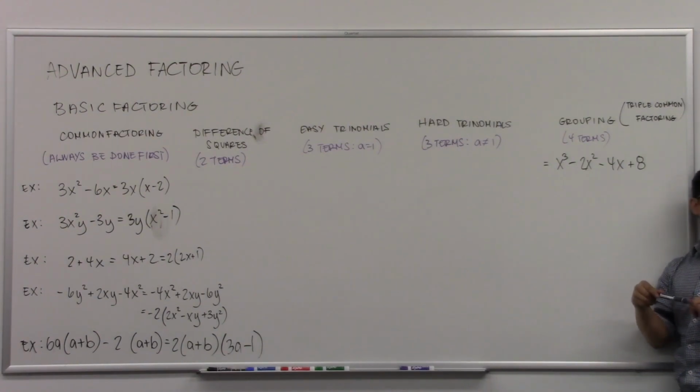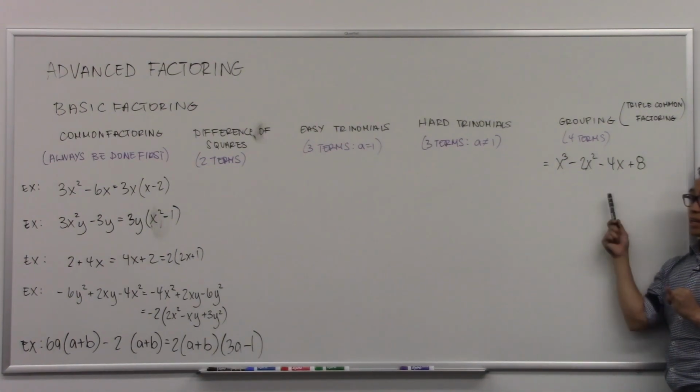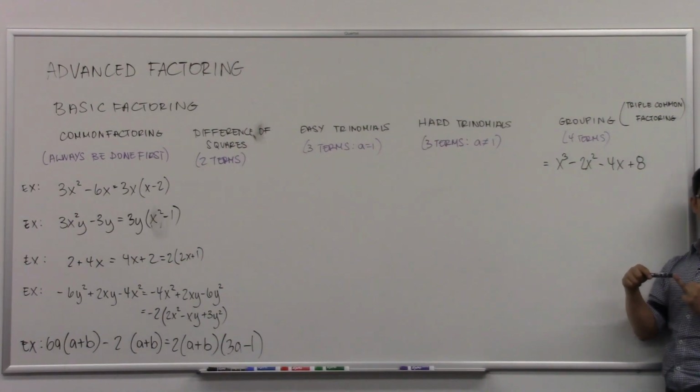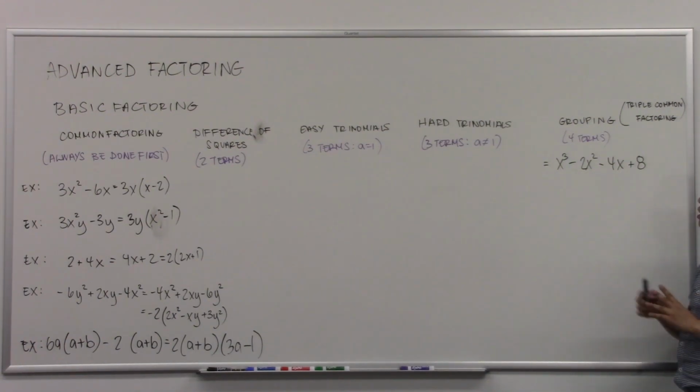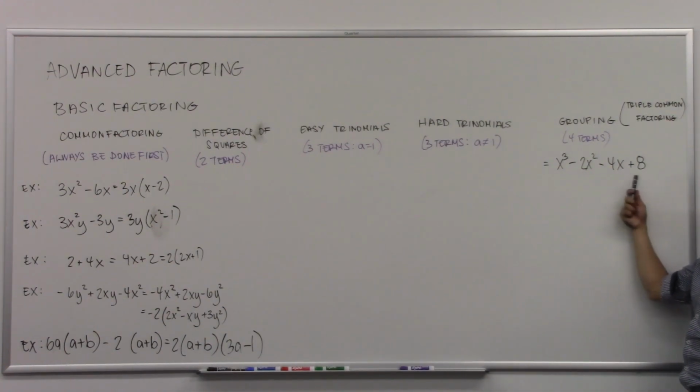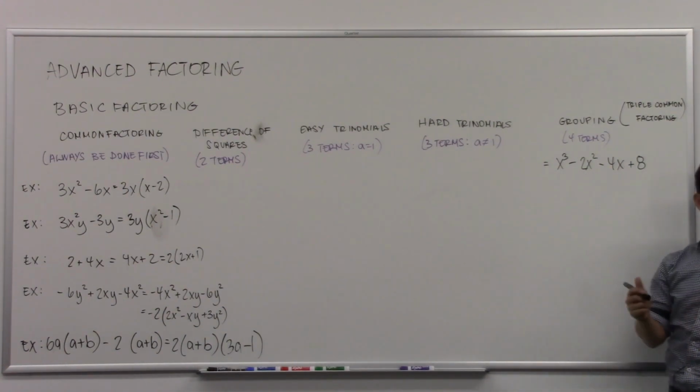What's the first thing you would ask? Is it in descending order? It is. Okay. Are there any common factors between all 4 terms? No. You don't have an x in every term, so you can't pull out an x. You don't have a 2 in every term because you don't have a 2 here. So now this is grouping.